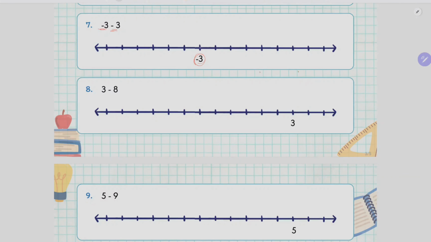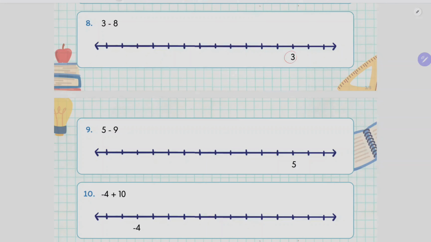So let's do this together. We count 1, 2, 3. Let's fill in the numbers between the -3 and the other numbers. So it's -4, -5, -6. So you have received the answer of -6 for this one.